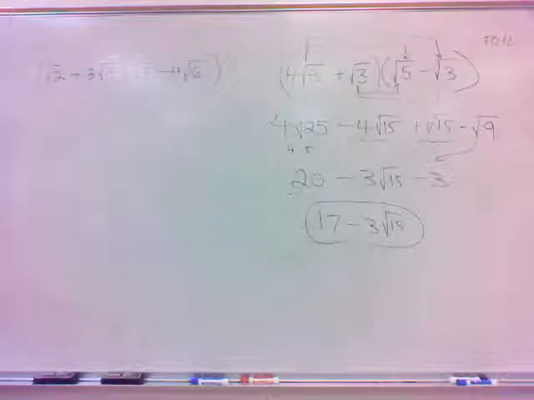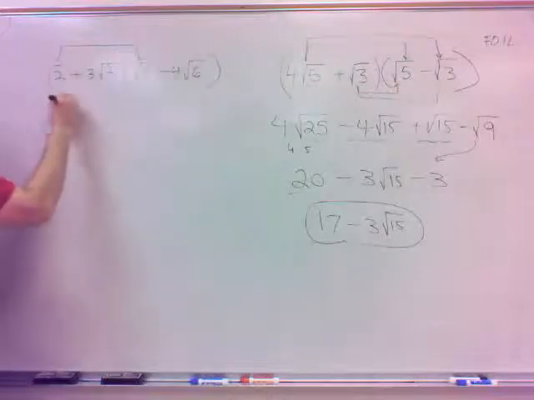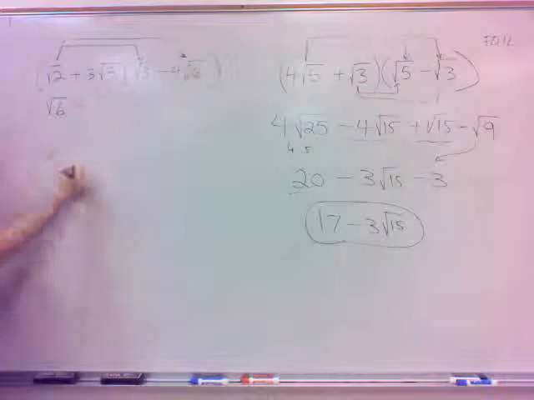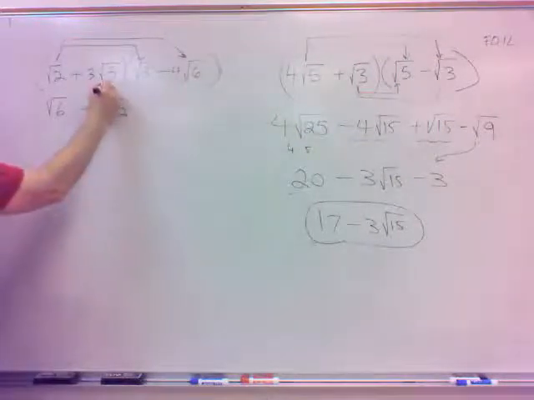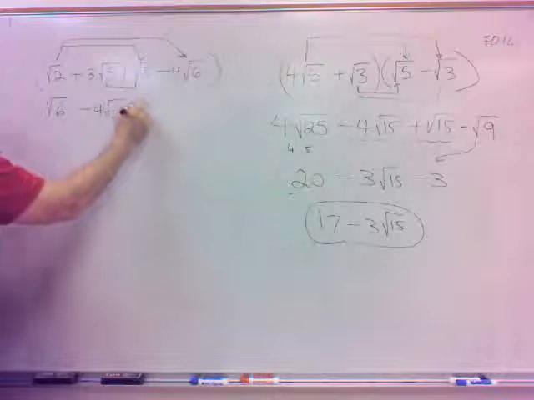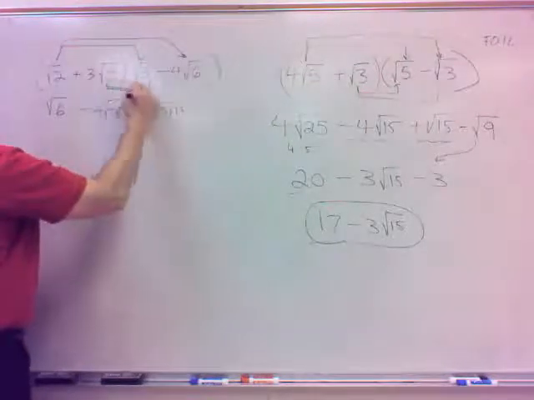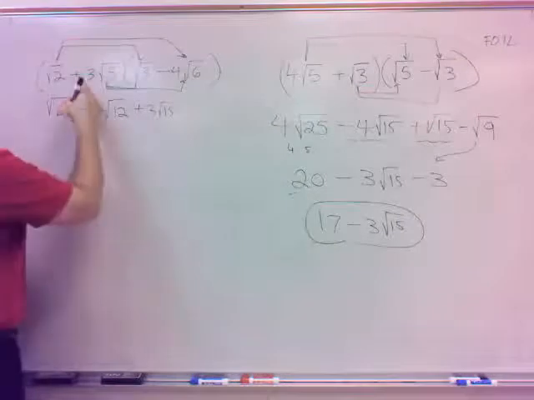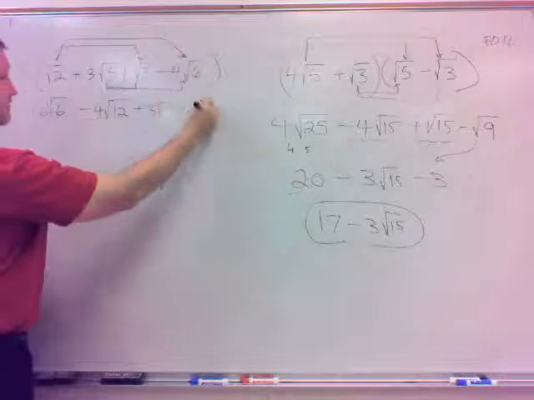Square root of 2 times square root of 3 is square root of 6. Square root of 2 times minus 4 square root of 6 would be minus 4 square root of 12. Then do the 3 square root of 5 times square root of 3. That would be 3 square root of 15. And then 3 square root of 5 times minus 4 square root of 6. What's that going to be? 3 times minus 4 is minus 12. Square root of 5 times square root of 6 is square root of 30.